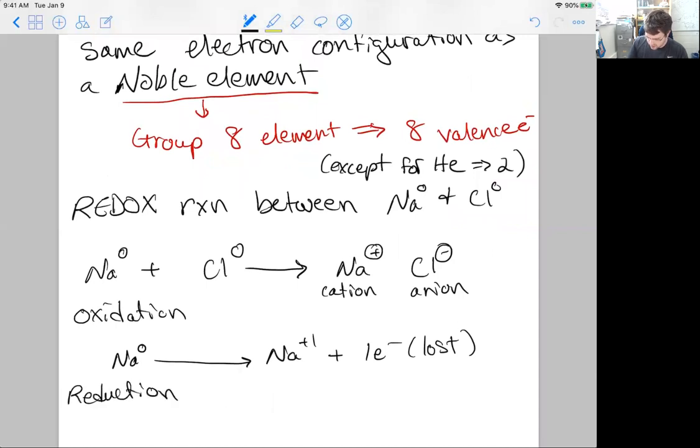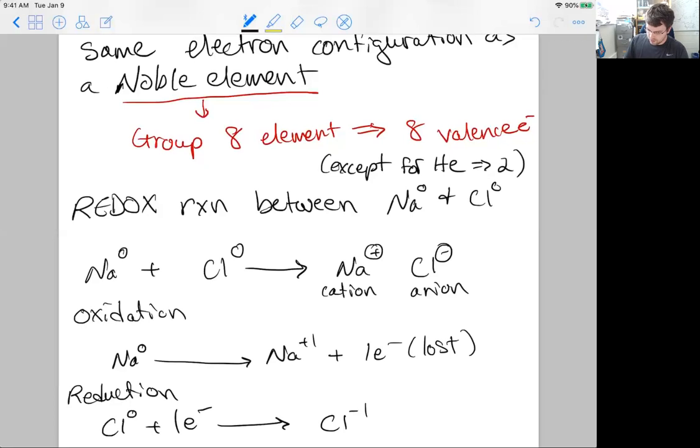Conversely, we have a reduction process where Cl0 picks up an electron to form Cl-. Then the Na and Cl, who have just traded electrons, are now in close proximity. Opposites attract. The positively charged cation attracts to the negatively charged anion. We have sodium chloride salt.